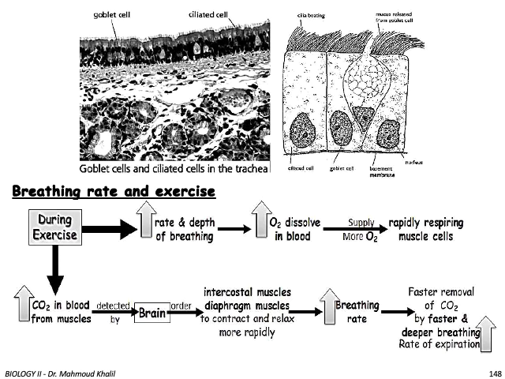This is detected by the brain, which orders the intercostal muscles and diaphragm muscle to contract and relax more rapidly. This increases the breathing rate. So by the end, there is faster removal of carbon dioxide and deeper breathing, which increases the rate of expiration.